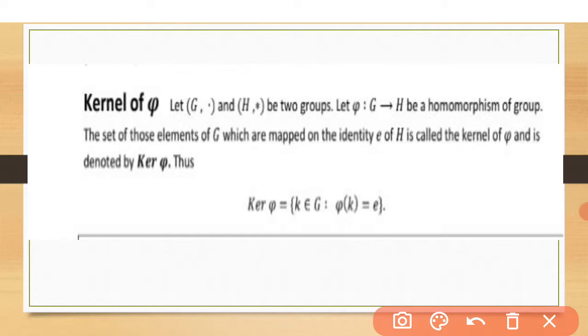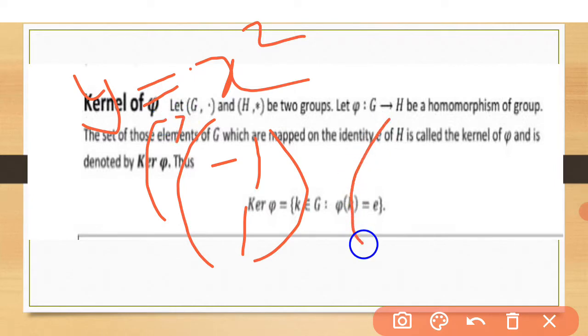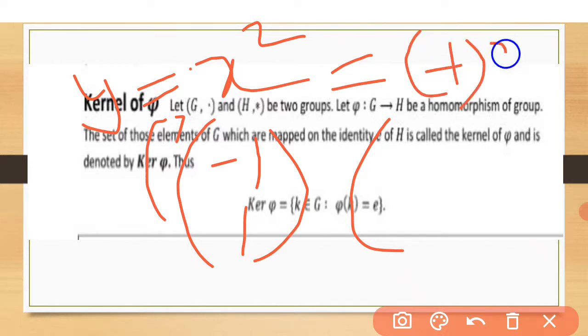For example, we have a function y is equal to x square. Here minus 1 and 1 both belong to G. When we give the value minus 1 to x square, minus 1 square is equal to plus 1, and we say that 1 is the identity element of G, so when we take the square of minus 1, it gives us 1.